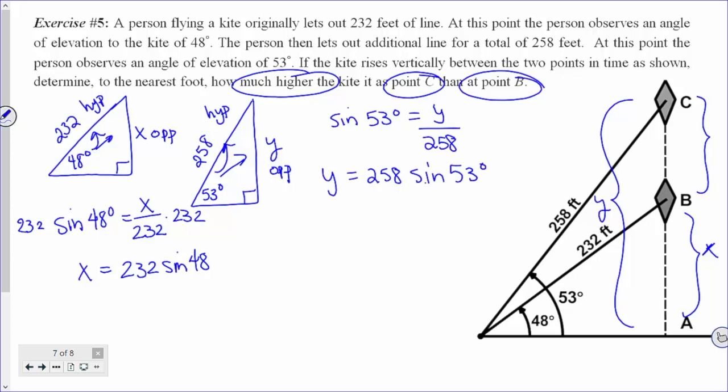And the answer I want is going to be y minus x, right? Which is going to be 258 sine of 53 minus 232 sine of 48. All right?